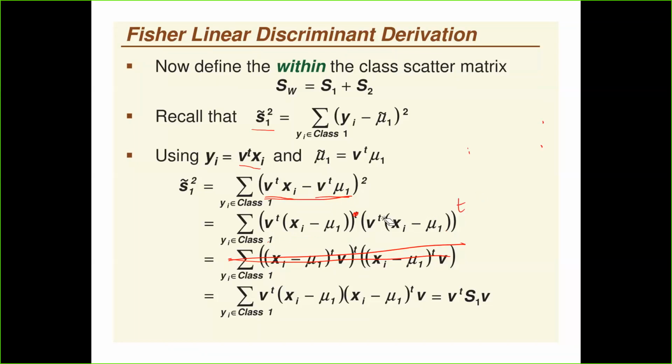So now AB whole transpose. What is it? When you expand, B transpose times A transpose. Am I right? Yes, sir. So if you expand this, what will you get?